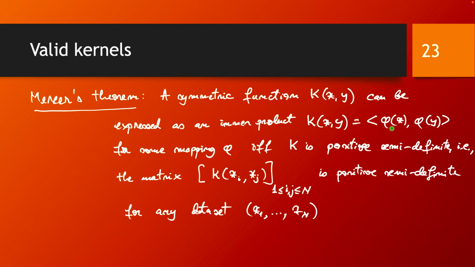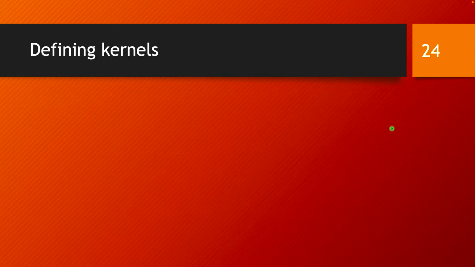And I just want to show you, if you already have a number of kernels, such as the popular kernels that we have discussed in the previous video, based on Mercer's theorem, how to build extra kernels on top of those. So here is how this goes. On one hand, you can combine kernels.